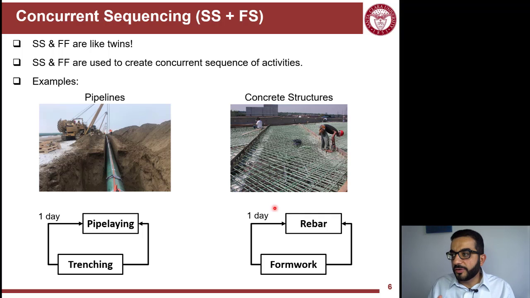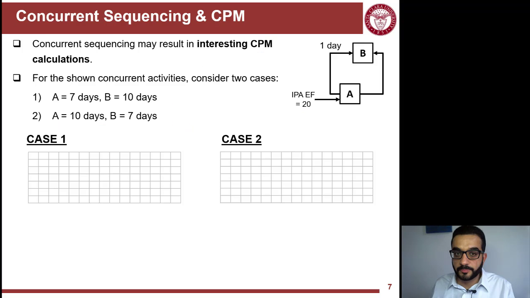Whatever example includes concurrent sequencing, you need to start one activity, and there is a second activity dependent on it, and you don't want to wait until the first one is finished. That's concurrent sequencing. So there are many examples you can come up with where you can use start to start and finish to finish together. We have to be careful when using concurrent sequencing by applying the start to start and finish to finish relationships.